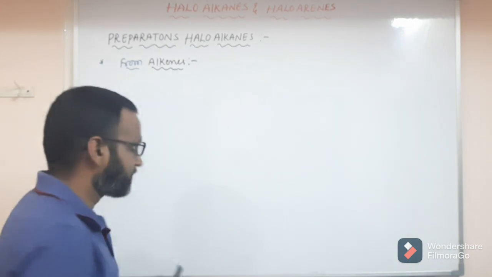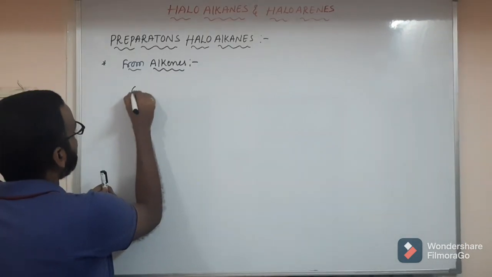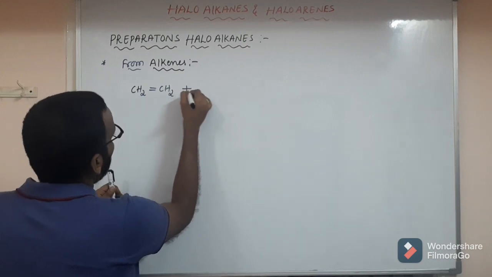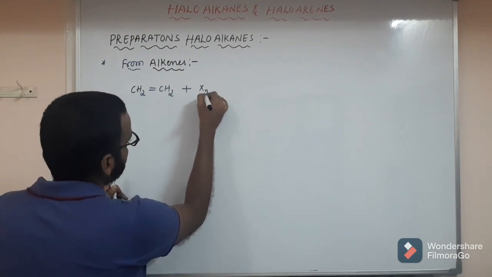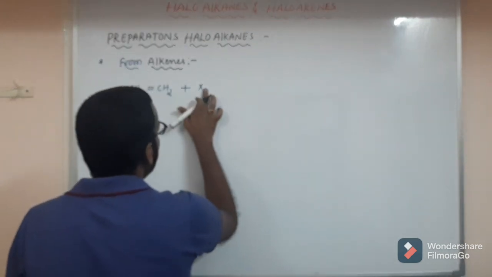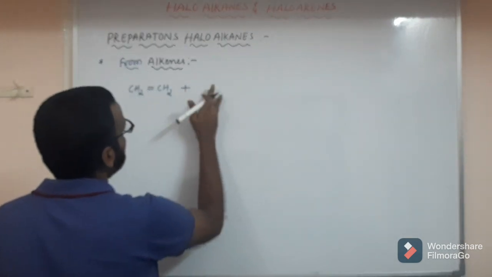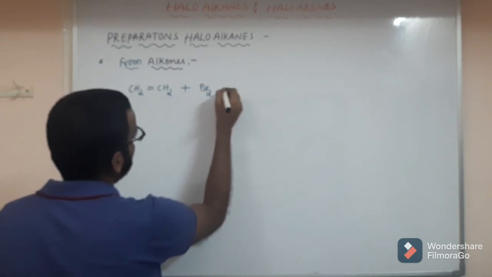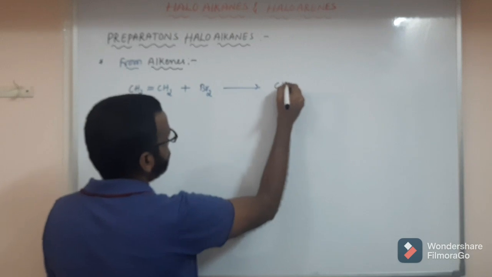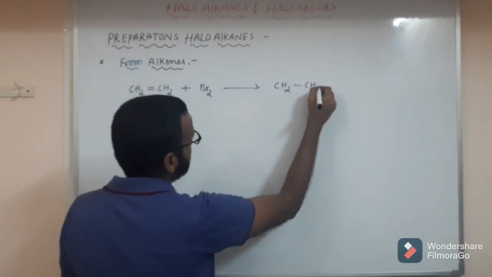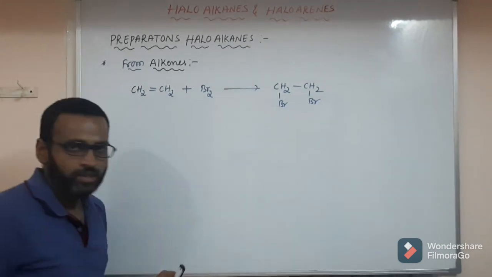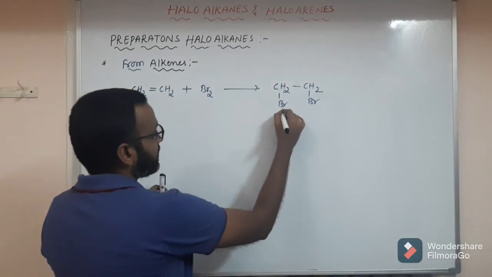Okay, so from alkenes now. When you are taking some alkene like this, CH2 double bond CH2, when I am adding X2, instead of X2, I'll take some Br2 like this. Then what happens here? CH2 single bond CH2 you are having, and here one bromine and here one bromine.